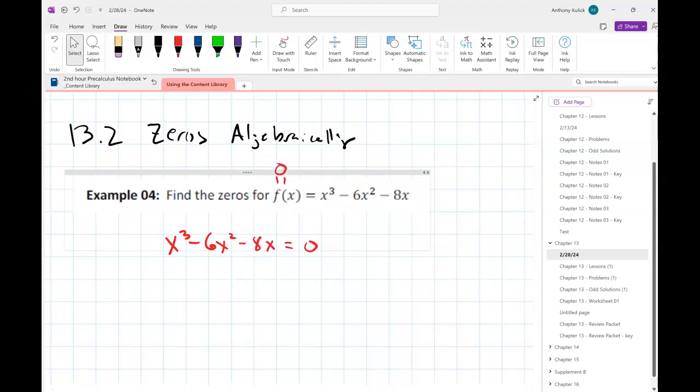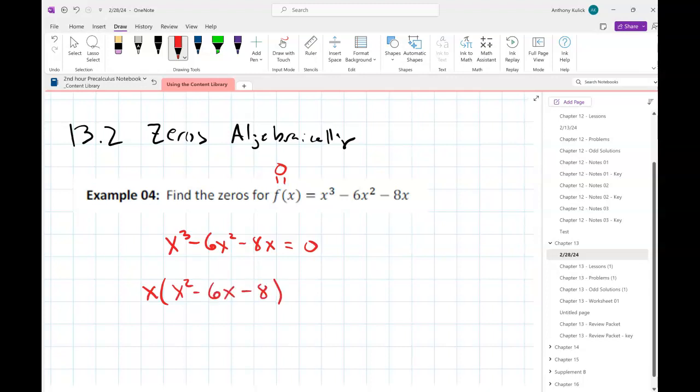X. Yes, very good. So if I take out an x, what do I have left? X squared. Okay. Now I'm going to look at this piece. How do I factor that? Multiplies to give -8 and adds to give -6. What are those two numbers?